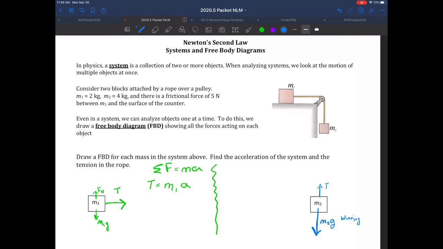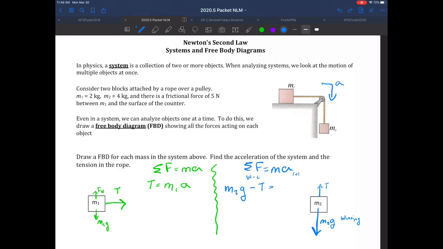Winning. Okay, so when we go ahead and fill in the Newton's second law expression for M2, we'll have winner minus loser equals MA, and we'll call the acceleration positive. That's this way, A. So the winner is M2G, the loser is tension. When you fill in this mass, it's about the system here on the right.